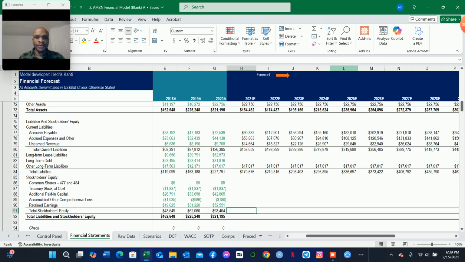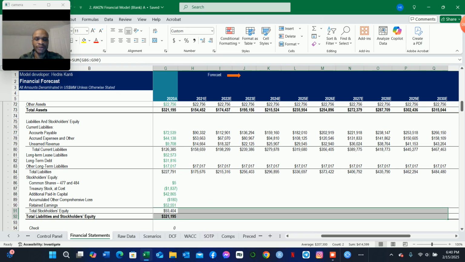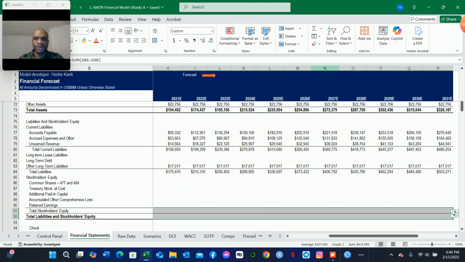So what we have done so far is that we have been able to model up to this point, and we are left with the shareholders' equity. For all of these other items, we're going to be doing this later on when we are done with our supporting schedules. So for now, we can fill the total stockholders' equity formula and the total liabilities and shareholders' equity formula right to the end of the projected period.